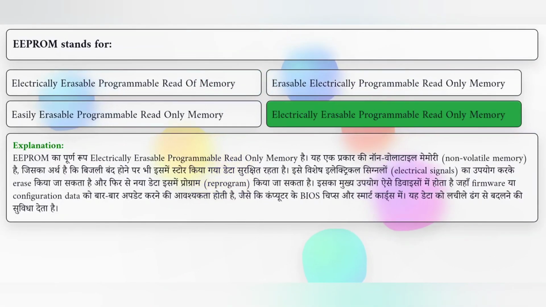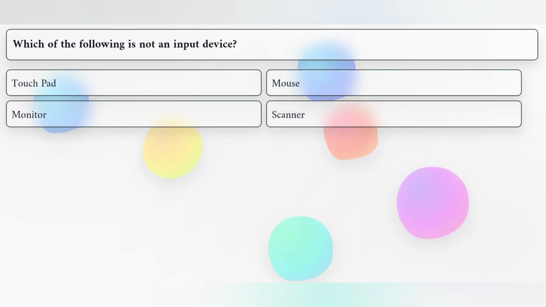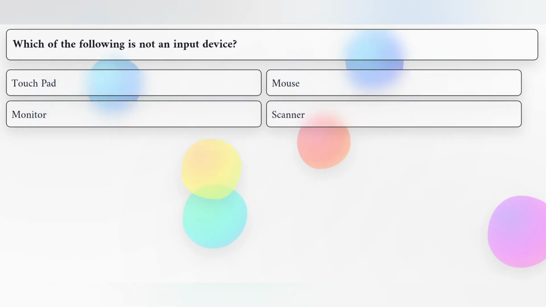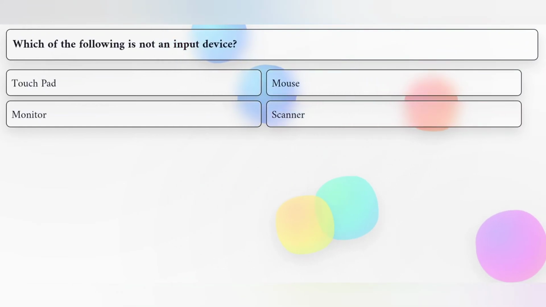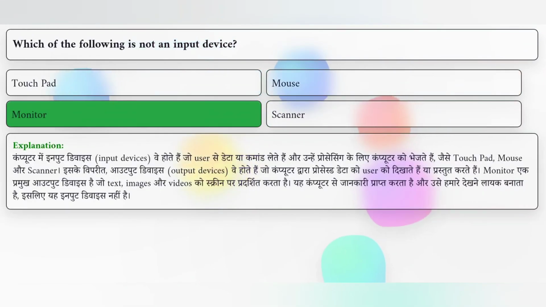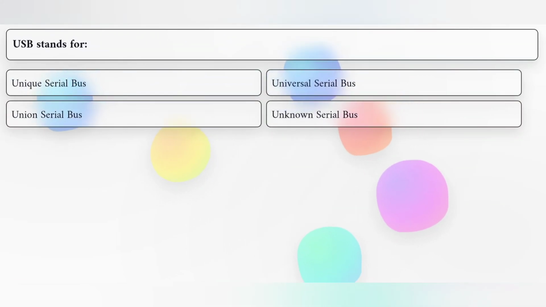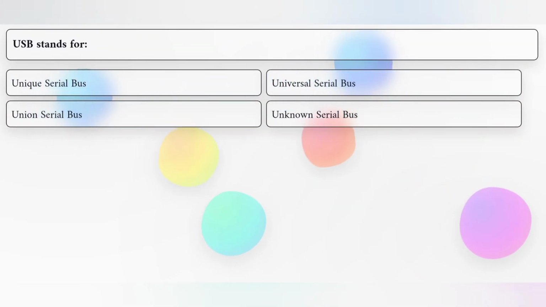Electrically Erasable Programmable Read-Only Memory. Which of the following is not an input device? Touchpad, mouse, monitor, scanner. USB stands for Unique Serial Bus, Universal Serial Bus, Union Serial Bus, Unknown Serial Bus.